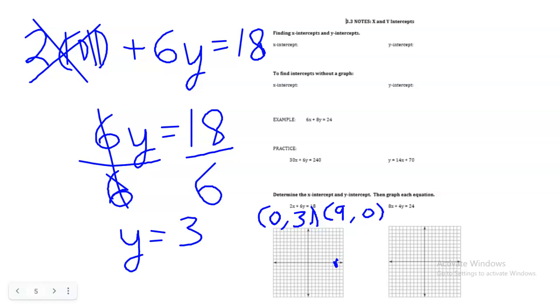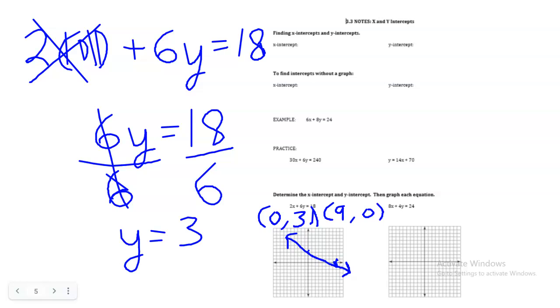So I'm on the y-axis, and I come up to 3. Kind of right there. And then I connect my dots. I know it's not very good, but that's how we graph a linear equation by finding the x and y intercepts.